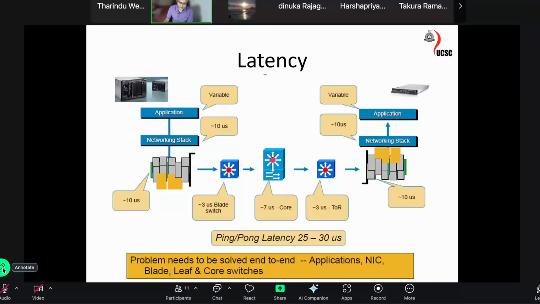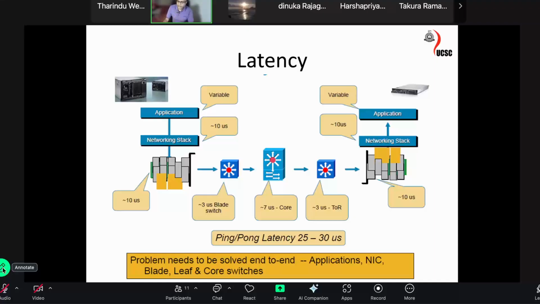Then it is sent to the top of the rack switch, which means racks can have a switch for each rack to connect the servers. Then there is the end of the row switch, which can be a spine switch or core switch for aggregation of switches.